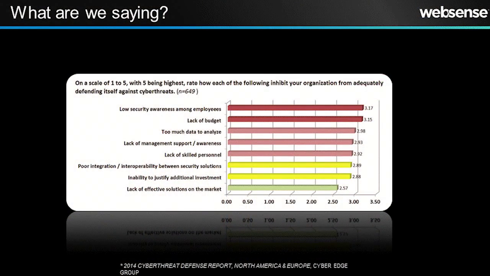The other thing this group did was survey the same 649 individuals on what would adequately inhibit a cyber threat in your environment. The lowest ranking was that they felt there was a lack of effective solutions in the marketplace.